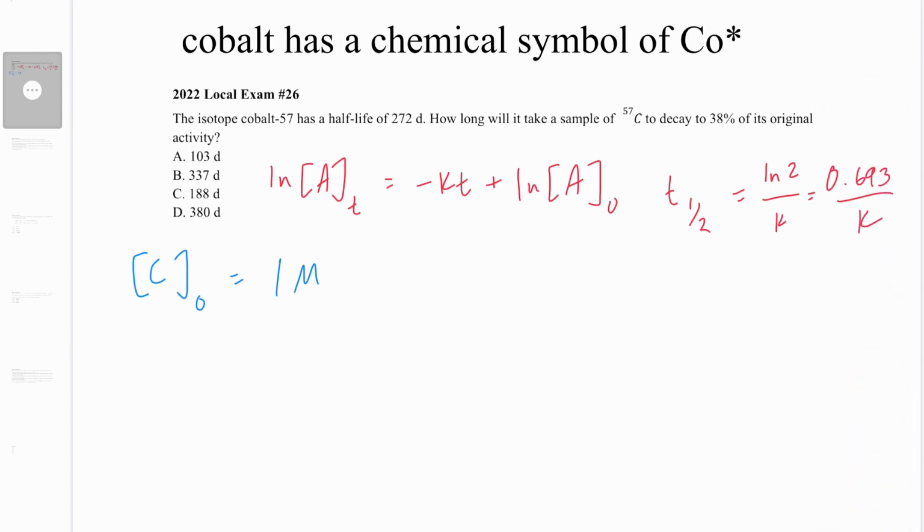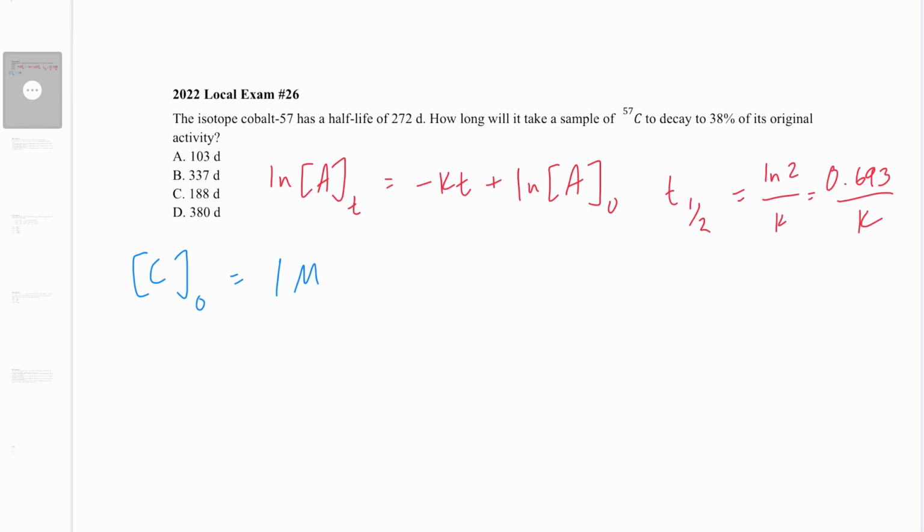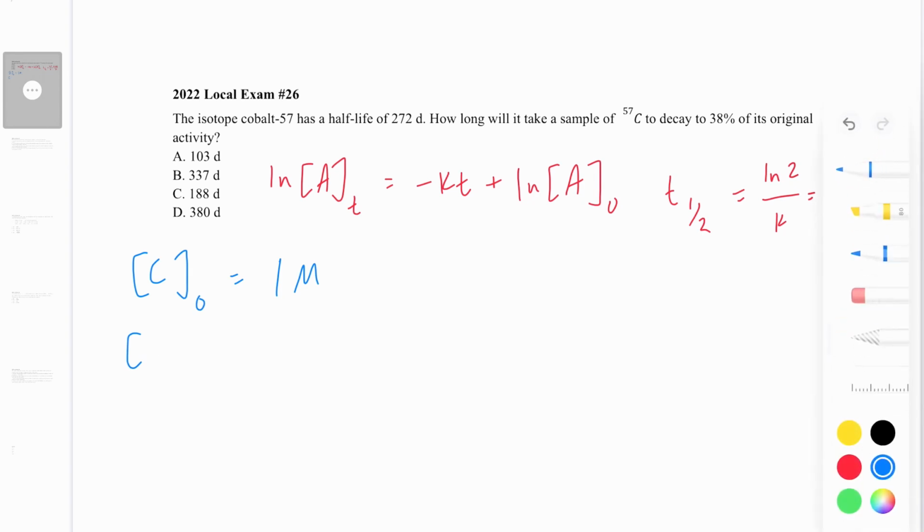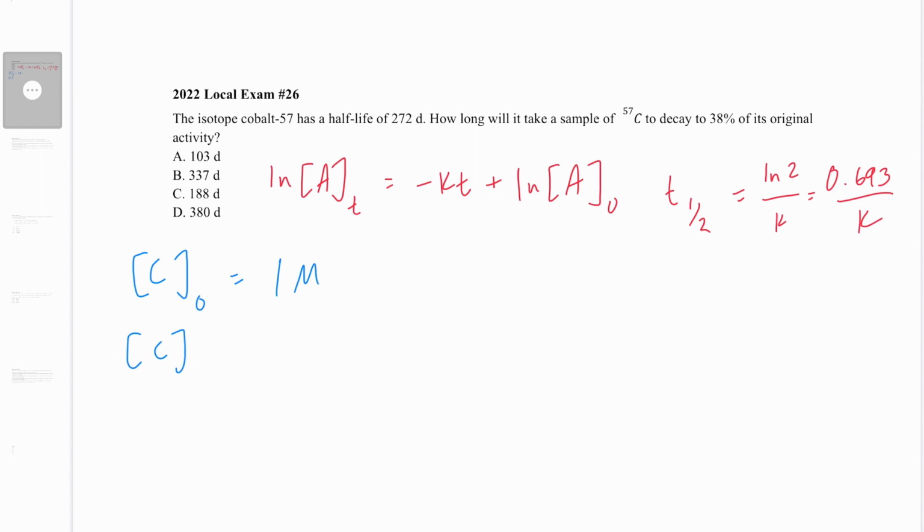The initial concentration of our cobalt is 1 molar, and we're asked how long it will take that sample to decay to 38% of its original activity. So our final concentration would be 0.38 molar. That's 38% of the original concentration. And basically what we're trying to solve for in this problem is t.